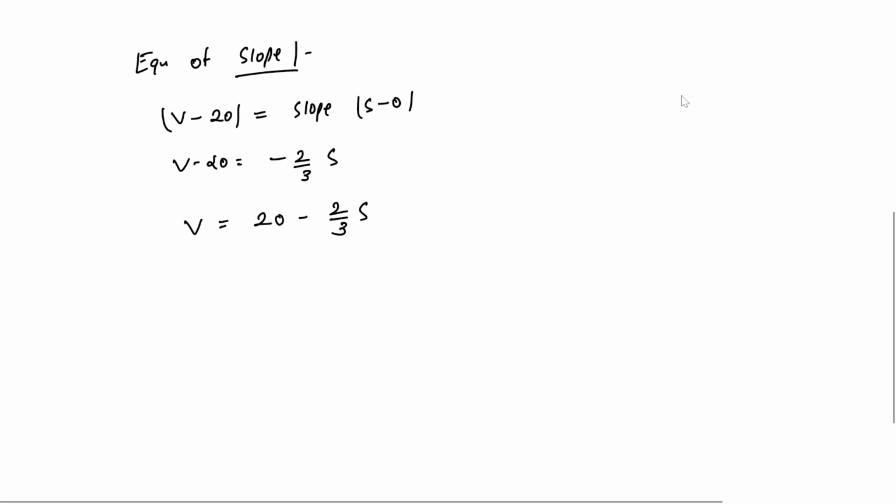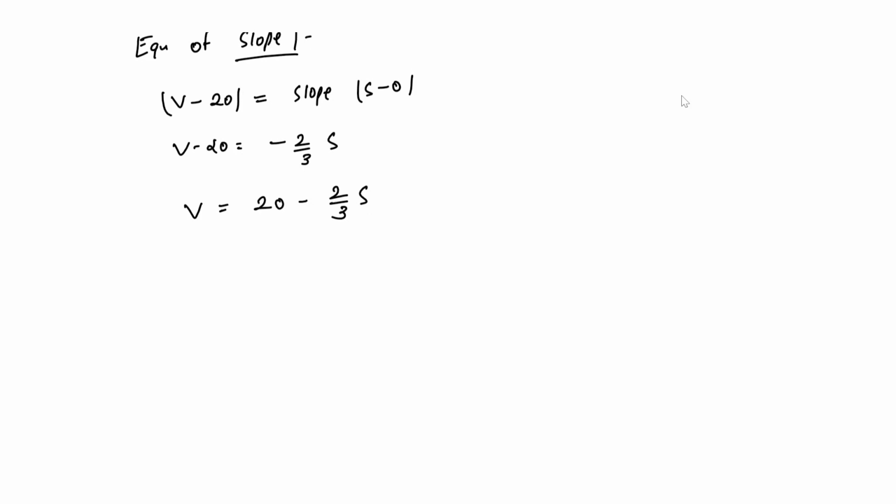Now it is velocity as a function of displacement. We just have to put the value of s as 15 meters and we get the velocity at that point. So velocity at s equals 15 meters will be 20 minus 2 by 3 of 15, that will be cut by 5 times, and we are left with 20 minus 10, which is 10 meter per second.